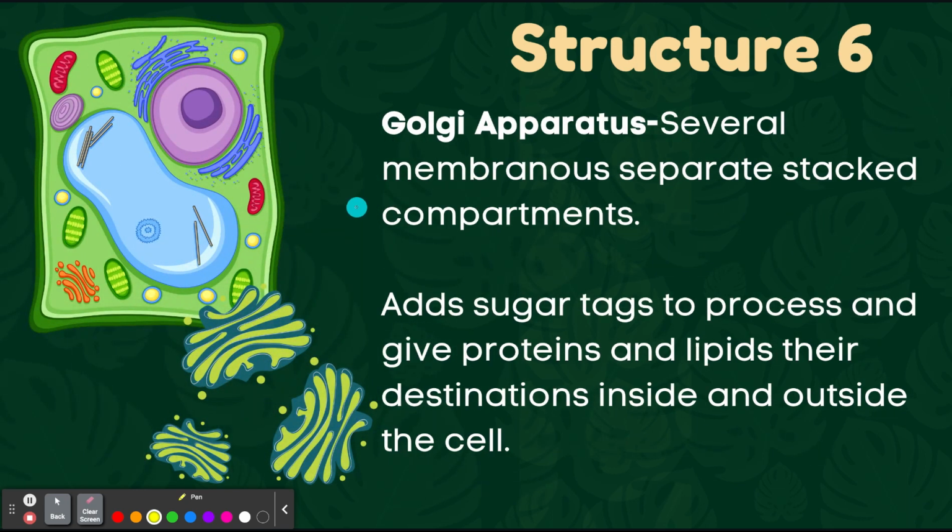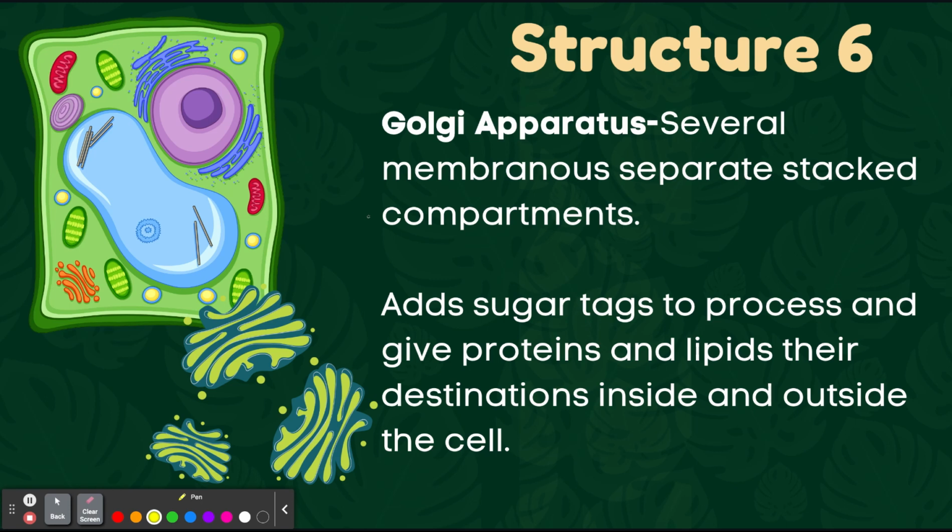All right, next, structure 6 on your diagram is the Golgi apparatus. There are a few per cell, and they're present in all eukaryotic cells. They look like you took a stack of pancakes and pinched them down the middle, so they have a little bit wider openings on the ends.